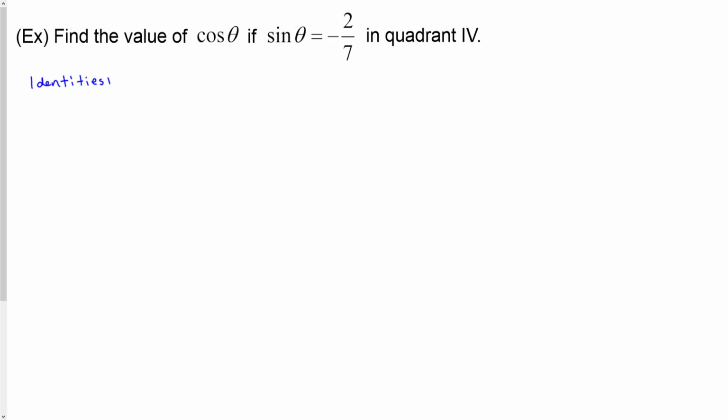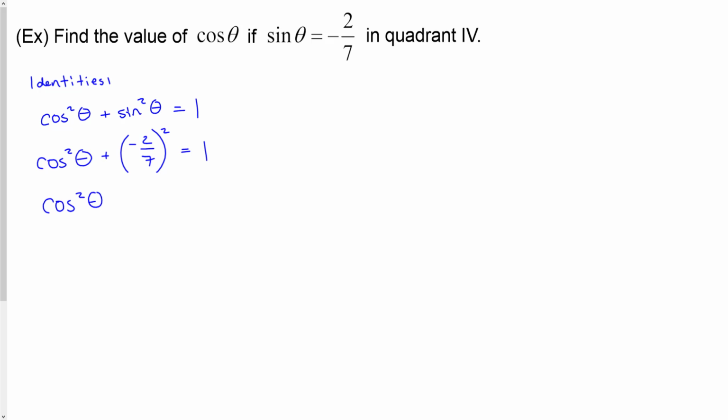Because I know cosine squared theta plus sine squared theta equals 1, I can use this to plug in the value that I have for sine and then solve for whatever cosine should be. So let's try it. Cosine squared theta plus -2/7 squared equals 1.